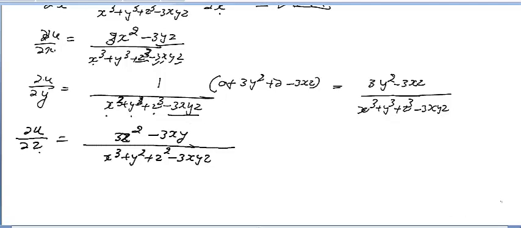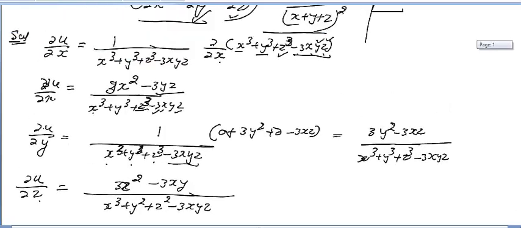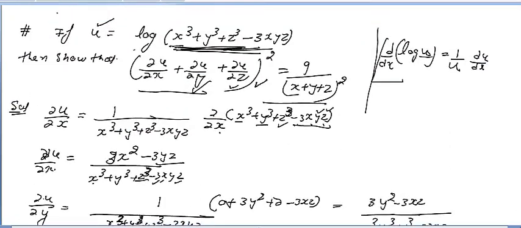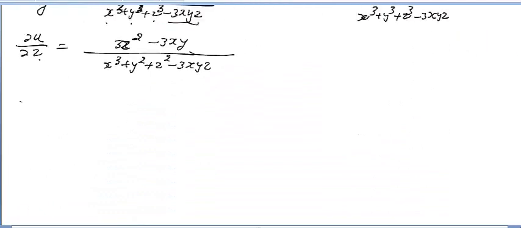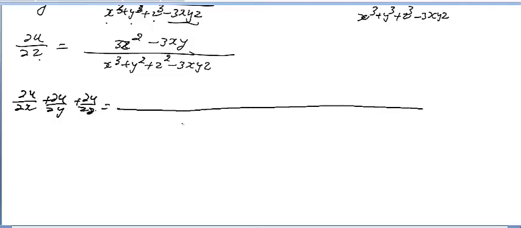Now if you see the left hand side of your question, you will add up all these values and you will square it. So you will get the partial derivative of u with respect to x, plus with respect to y, plus with respect to z. I am going to add it. So one thing is very clear, the denominator of all the three terms is the same. So I am writing it again, squared: x cube plus y cube plus z cube minus 3xyz.